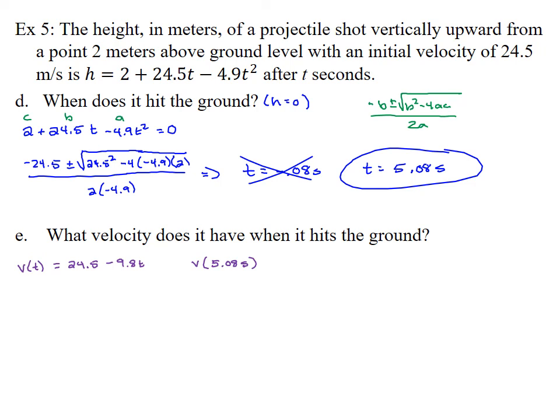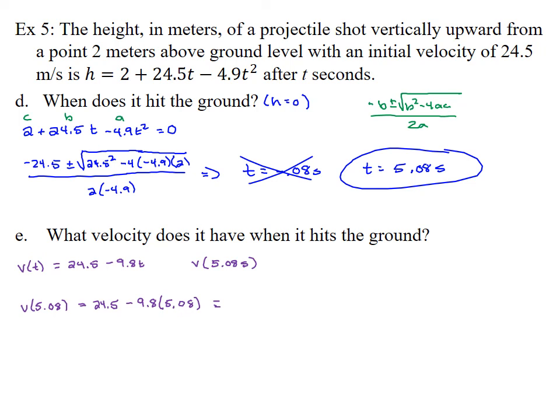So v of 5.08 is 24.5 minus 9.8 times 5.08. And if you think about it, what should this velocity be besides the number? If you thought negative, you're correct, because if your projectile is going down towards the ground, you should have a negative velocity in this case.